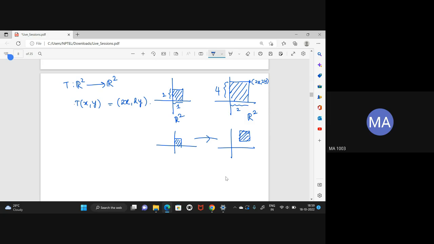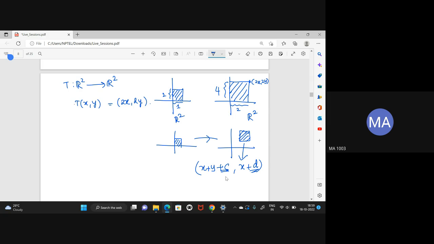Never. If this is going to happen, it means that the function has some constant, say x plus y plus c, comma x plus d. When that plus c and plus d is there, that is what makes the shifting happen, the translation.